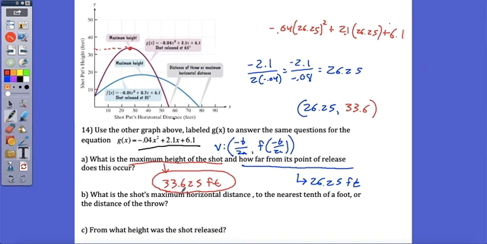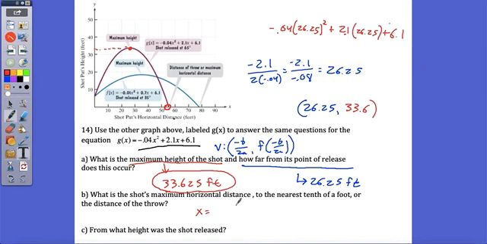All right, what is the shot's maximum horizontal distance to the nearest tenth of a foot, or the distance of the throw? So that's asking how far did it go here. So it should be around 55. The way we find that is by finding the x-intercept. To find the x-intercepts, we use the quadratic formula.